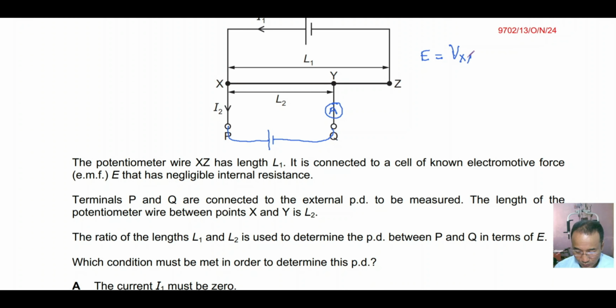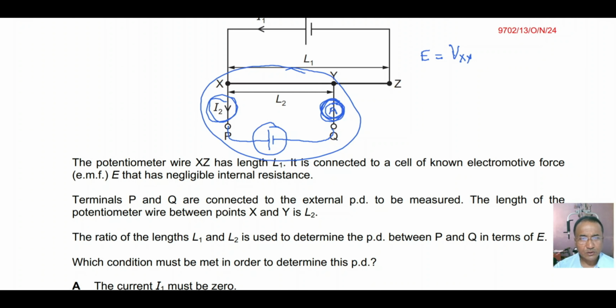And that happens only when the current in this part is zero, which means the current here is also zero. There should be no current across this source.